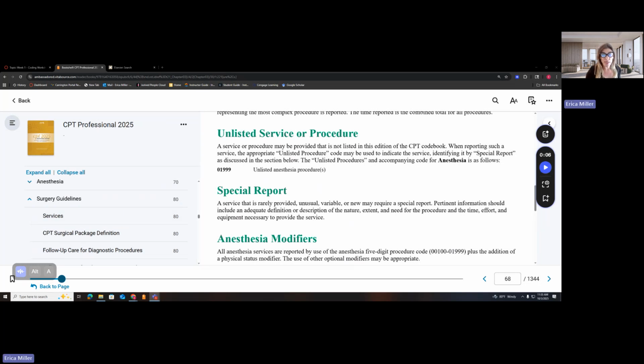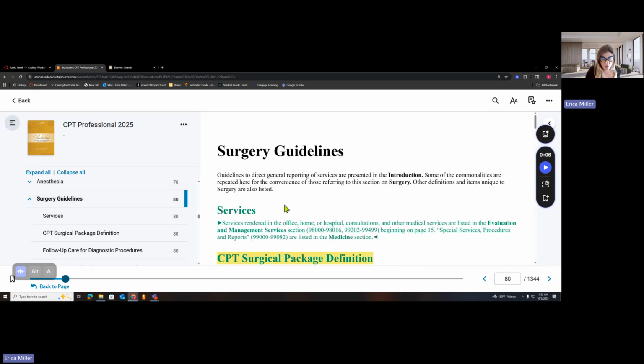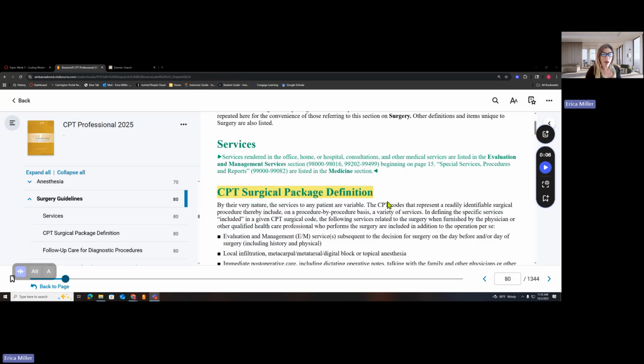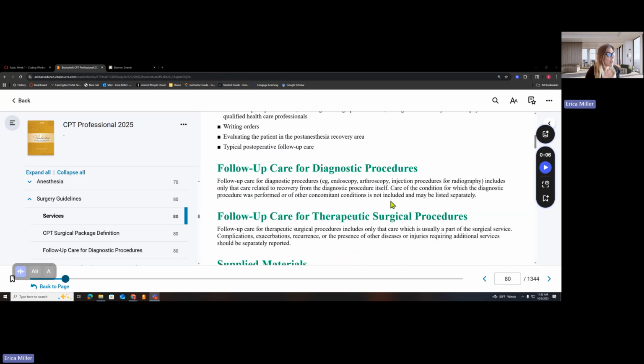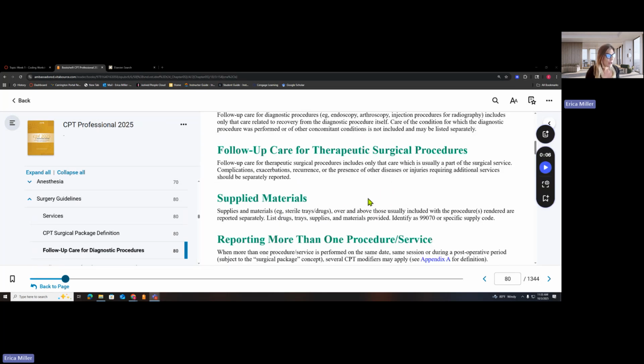Now let's get to the biggest, largest section in your CPT manual. The surgery section. All right. So your surgery section has some guidelines here. Definitely recommend checking out these guidelines before you get started coding from your surgical code section.